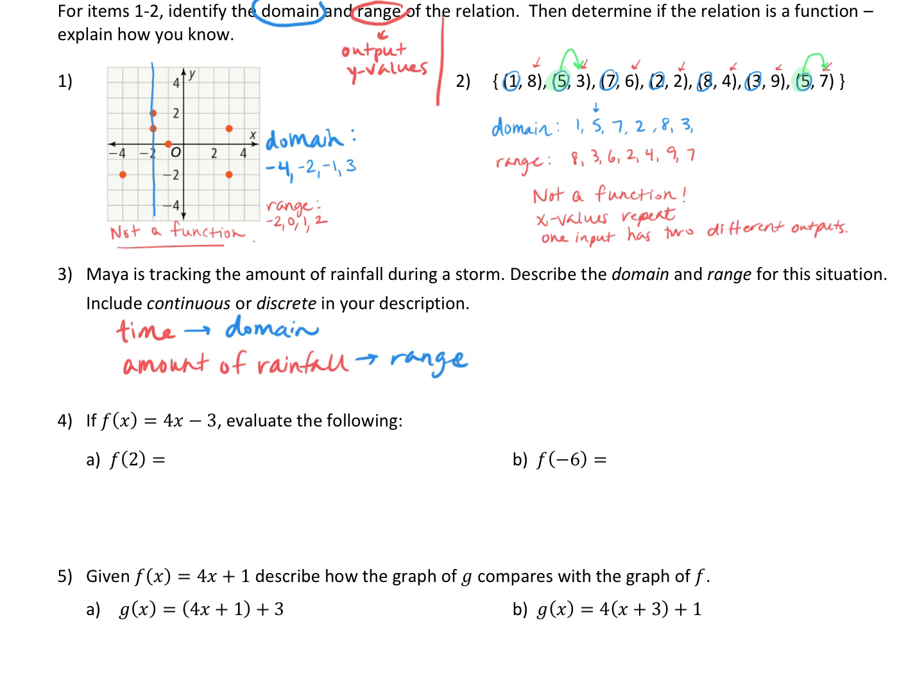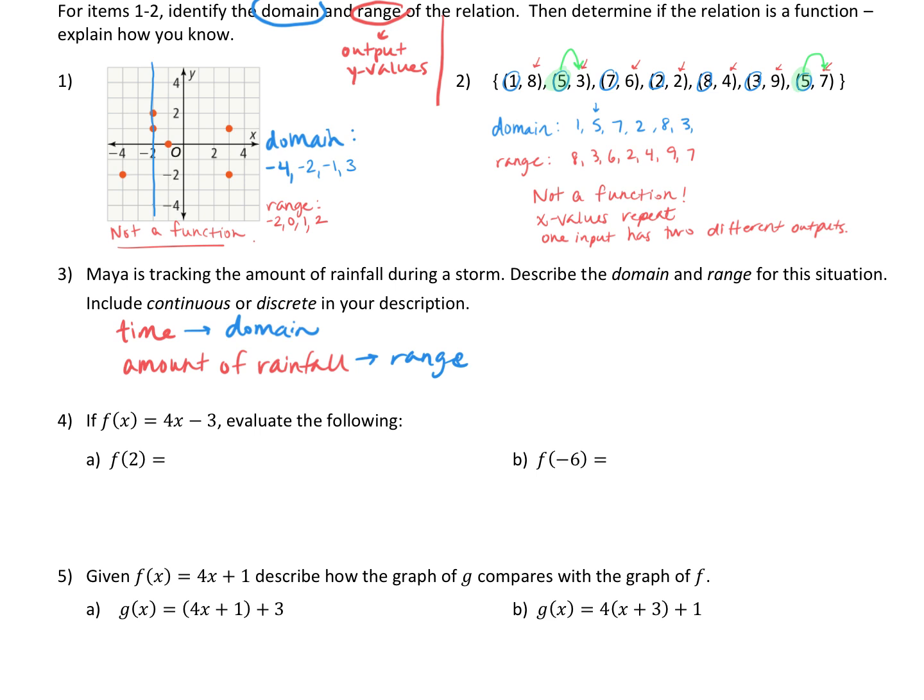All right, is this a continuous or discrete situation? Up here, where you have these separate points, this is what discrete looks like. Some examples of things that would be discrete, let's say I was buying pencils.